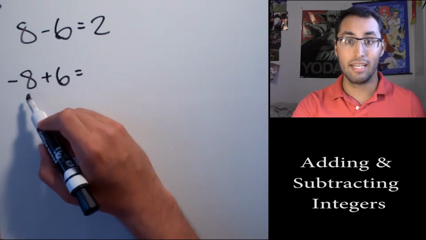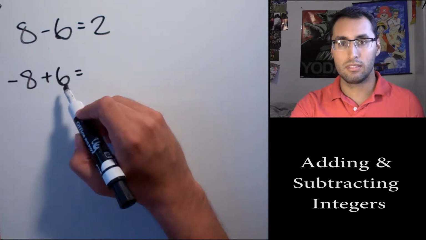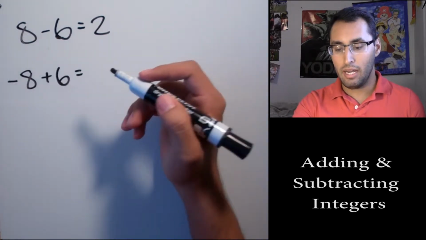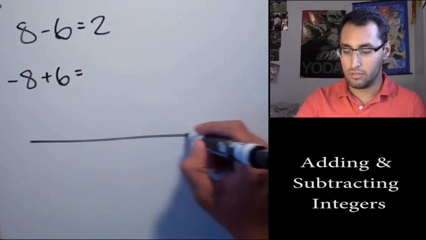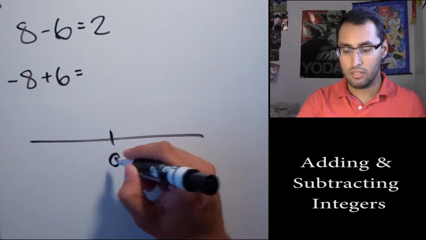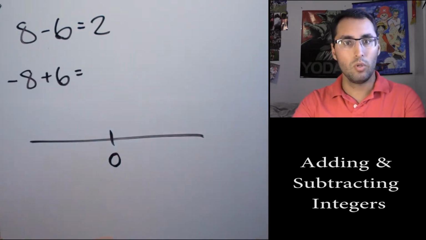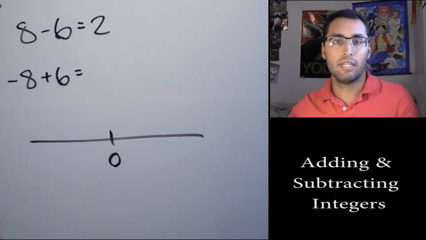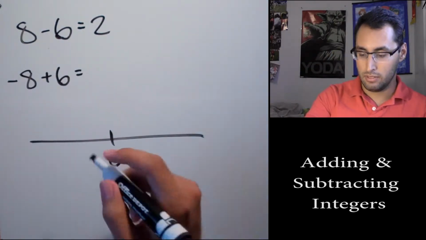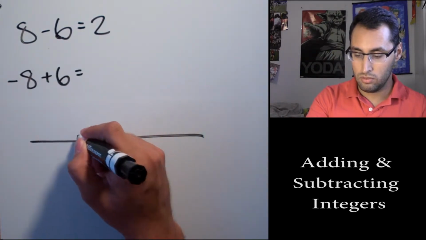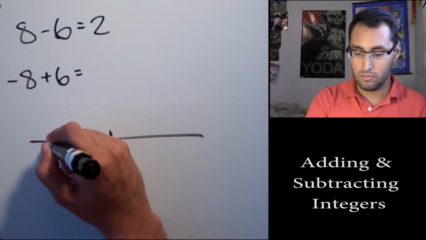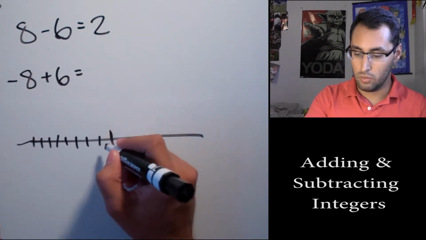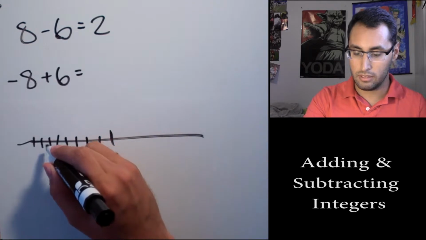Over here, we see that we have a negative 8 and a positive 6. I could think of this as, you know what, I'm going to draw it over here. If I start at 0, the way that we move is, let's say we go negative 8. Since it is negative, I would go left. I'm just going left 8. So 1, 2, 3, 4, 5, 6, 7, 8.